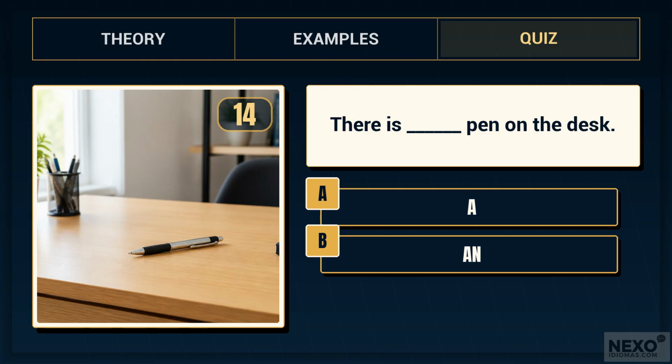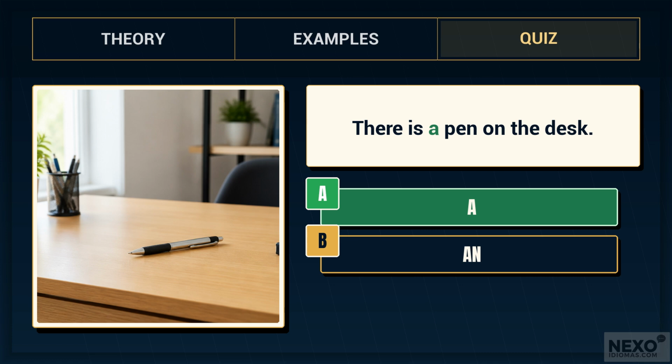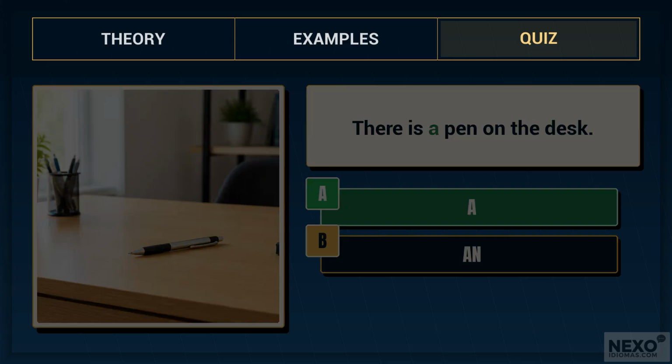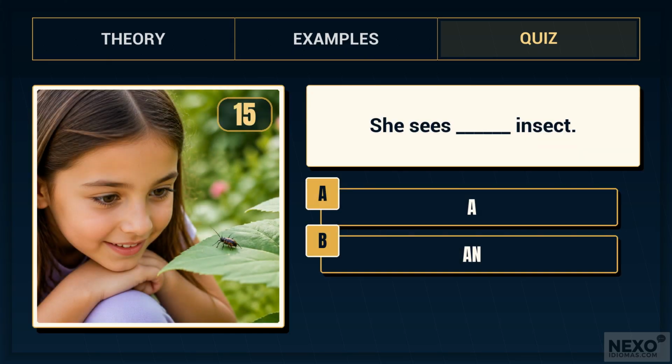Choose an option. A. There is a pen on the desk. Choose an option.